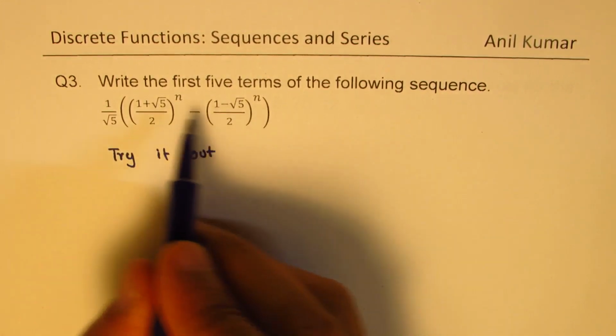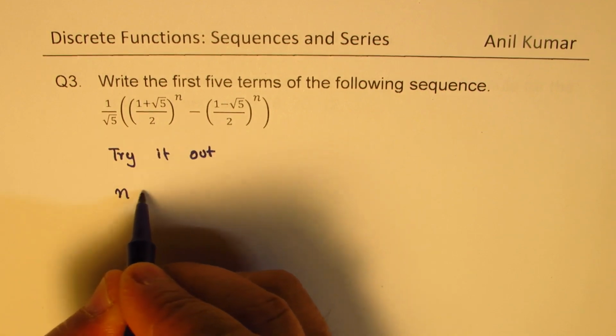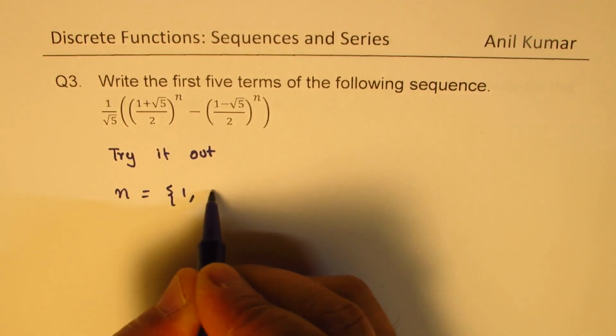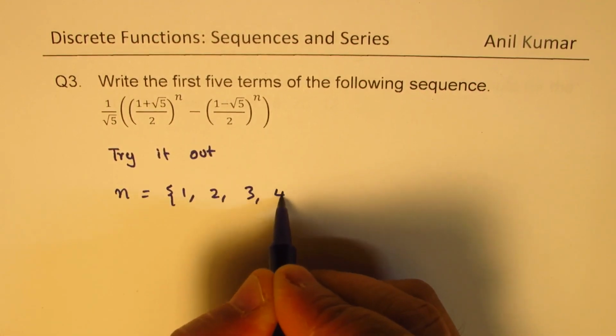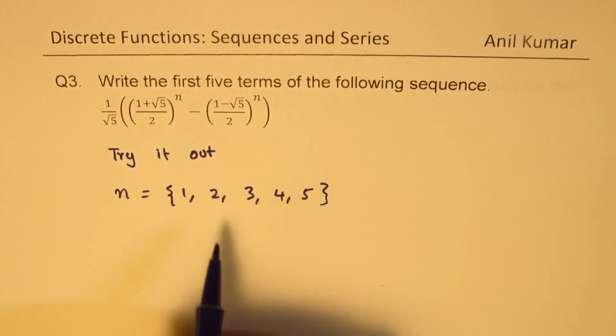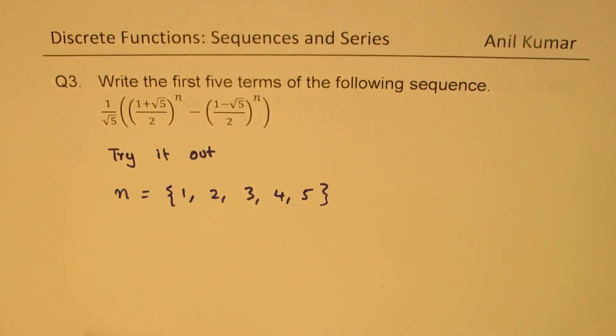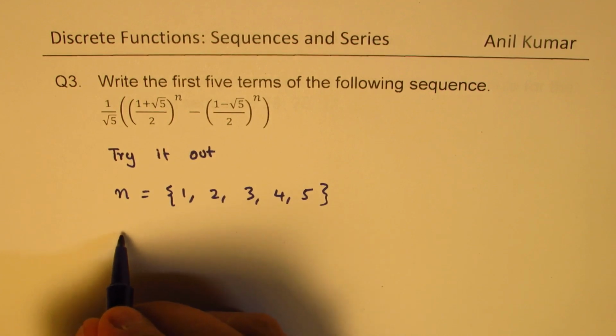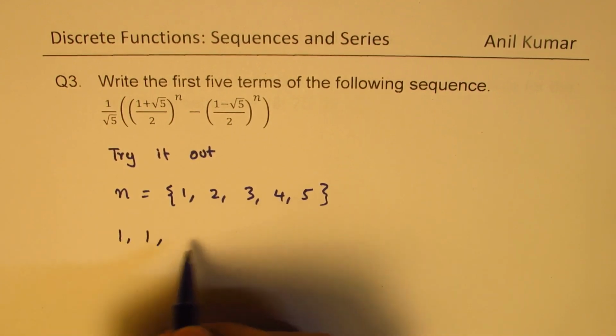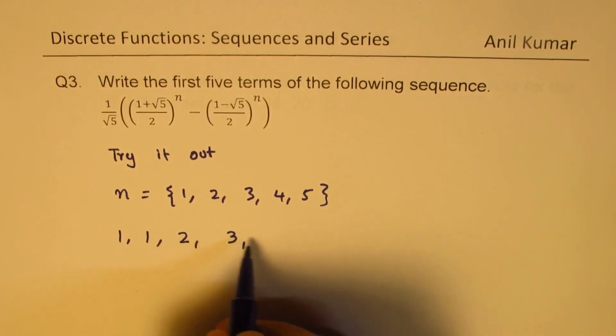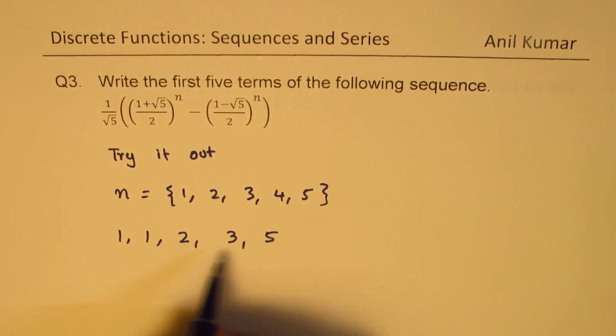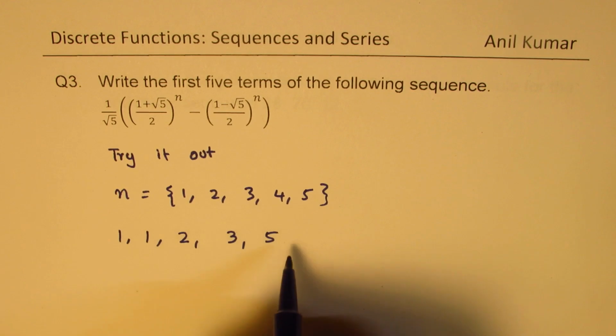Here is the solution. When you plug in n equals 1, 2, 3, 4 and 5, you are going to get the numbers 1, 1, and then add these to get 2. 2 plus 1 is 3. 3 plus 2 is 5. So these are the numbers you're going to get.